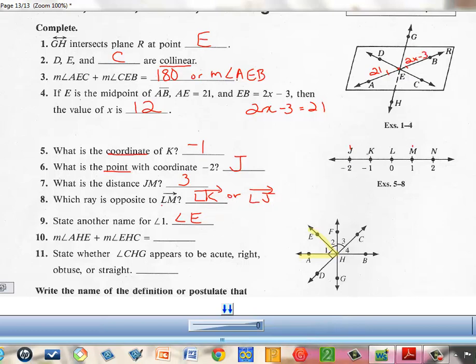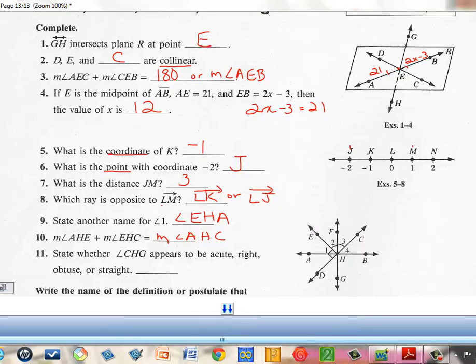Number 10, AHE plus EHC gives me the measure of angle AHC. Angle addition postulate. This piece plus this piece equals the whole piece.